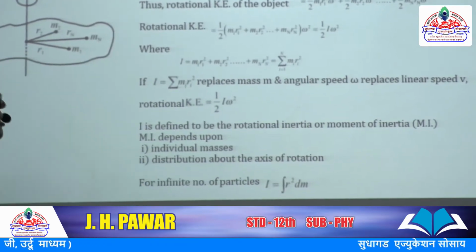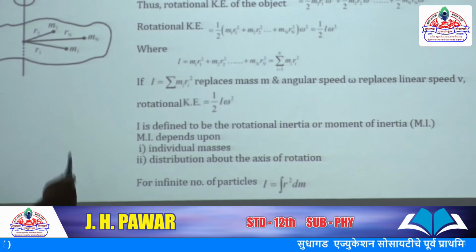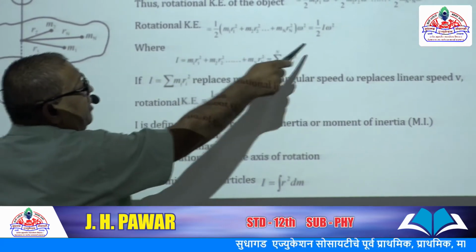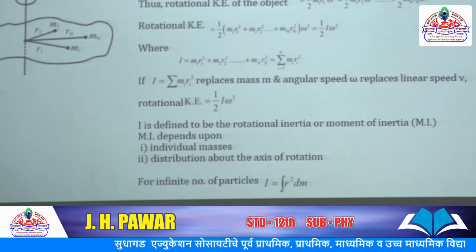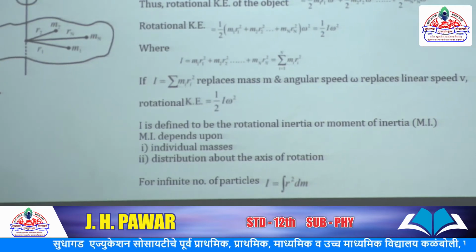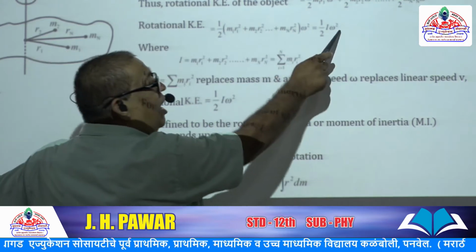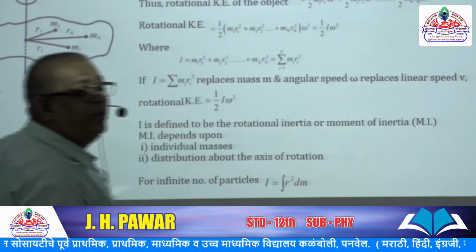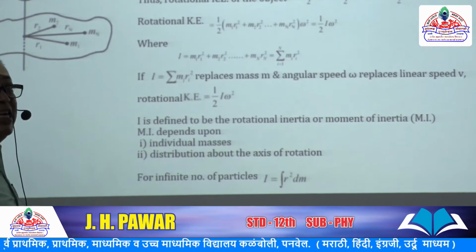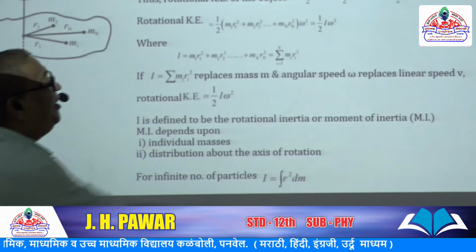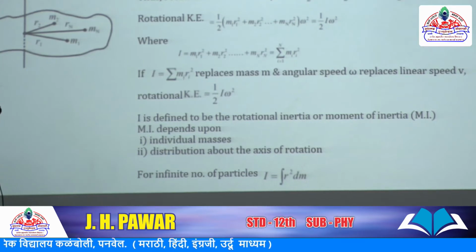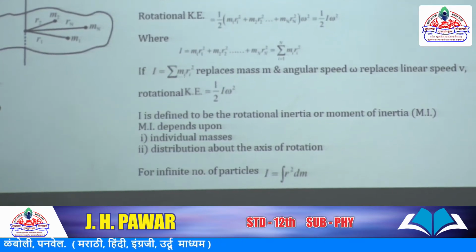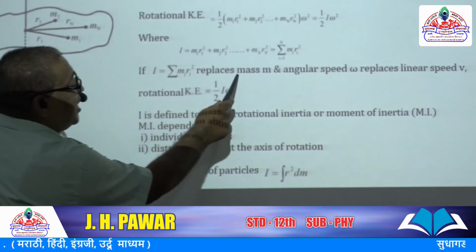Now look here, when we compare this equation, half I omega square, with the translational kinetic energy half m v square, the angular speed omega replaces the linear speed v, and I replaces mass m.